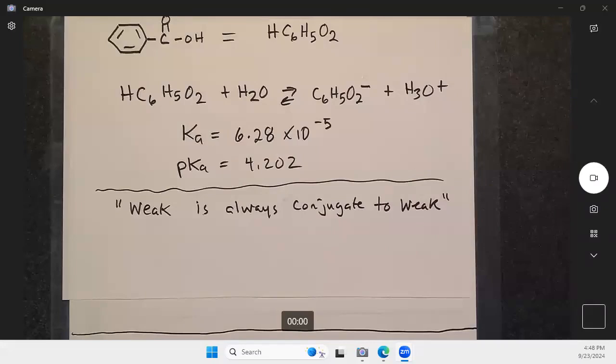If we have a weak base, ammonia, and ammonia reacts through its Kb equilibrium, it will produce a conjugate acid, ammonium ion. But ammonium ion will be a weak acid. And so weak is always conjugate to weak.